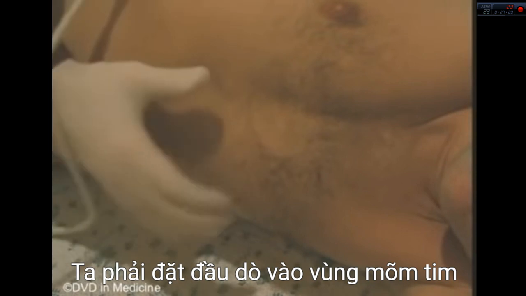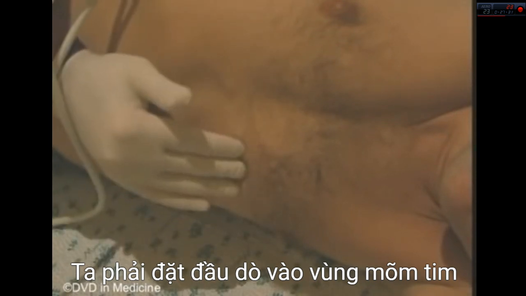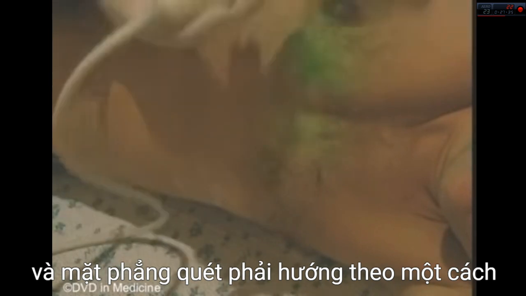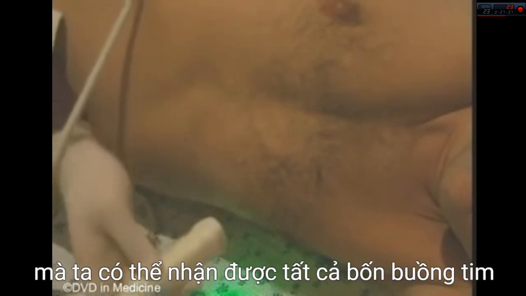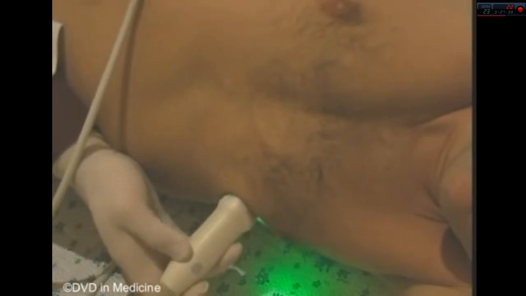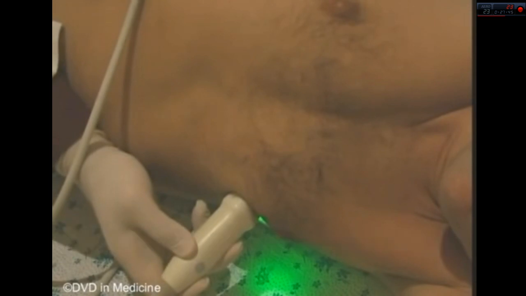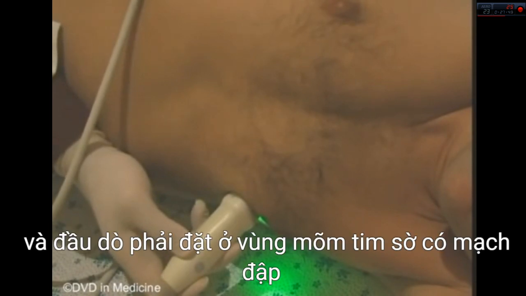One should place the transducer in the area of the apex of the heart, and the scanning plane must be directed in such a way that one obtains the image of all 4 chambers of the heart. For optimal visualization, the patient should be put on his or her left side, and the transducer should be placed in the area of the apical impulse palpation.